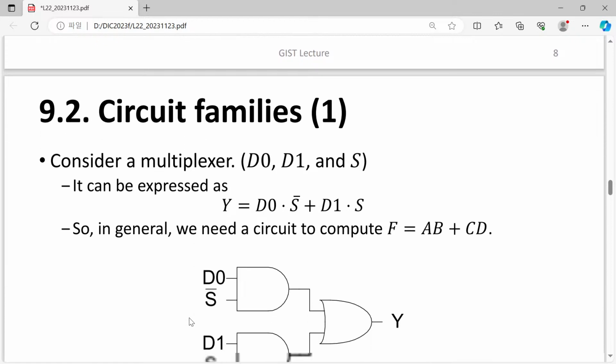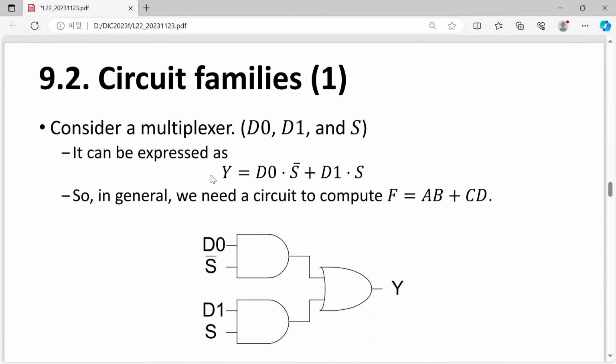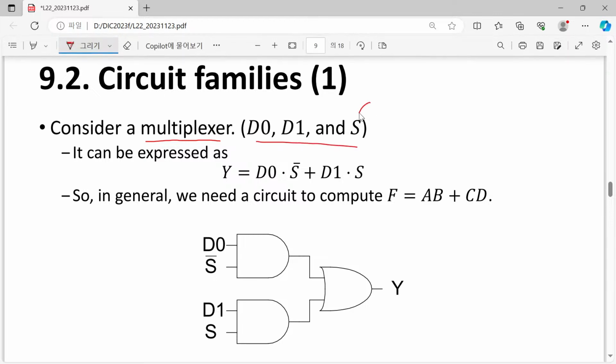So our discussions start from an example of a multiplexer. Now we have three signals. Of course, we assume that signal S, this is S and S bar, both of them are available. And let's say that we wanted to have this multiplexer operation.